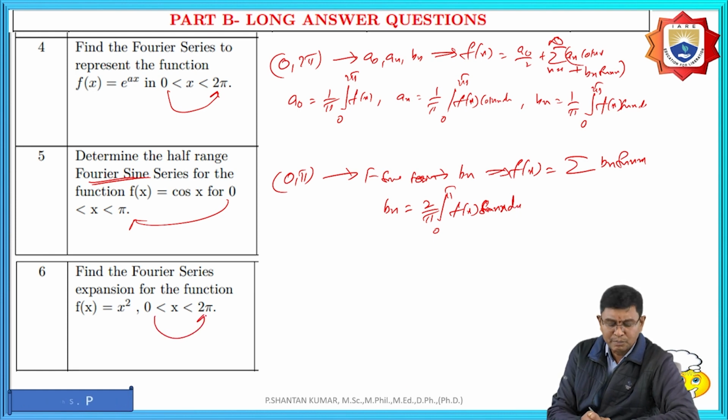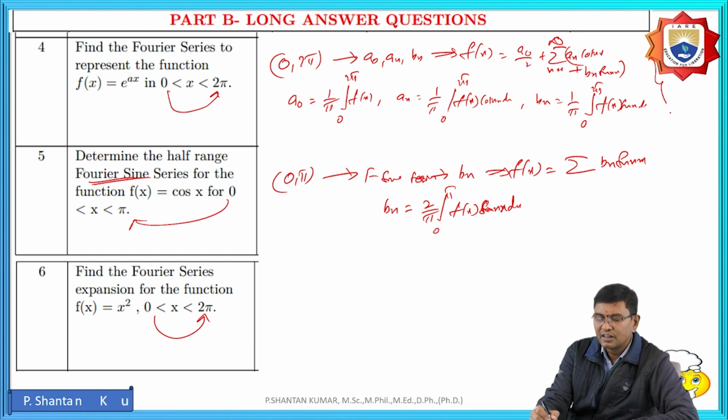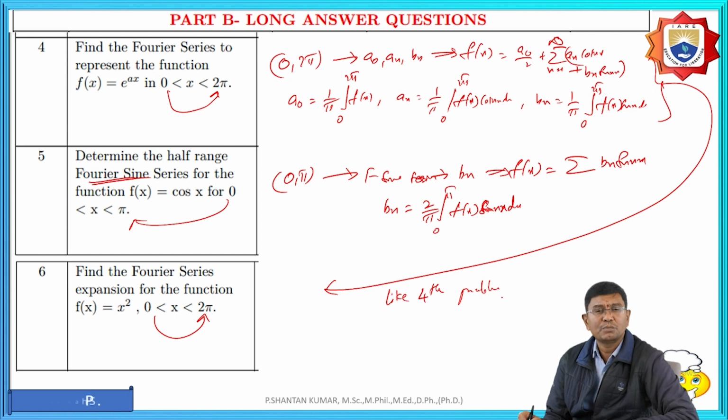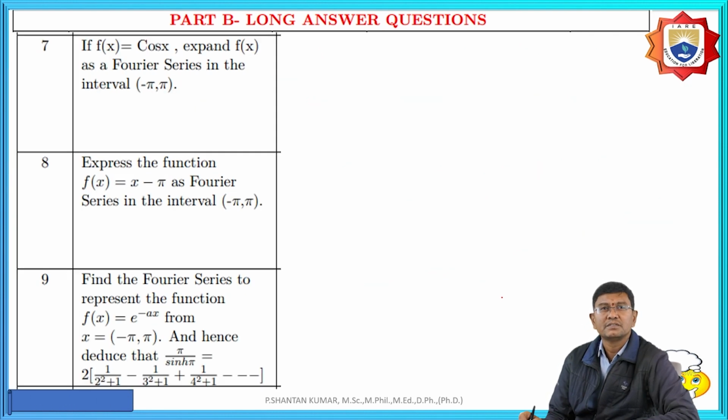And similarly 0 to 2 pi also, the fifth problem is like the fourth problem, and based upon the fourth problem we need to calculate the solutions.